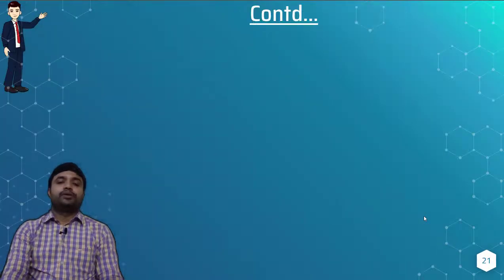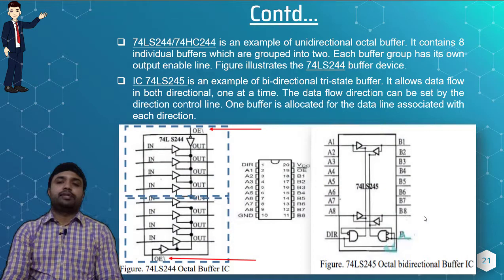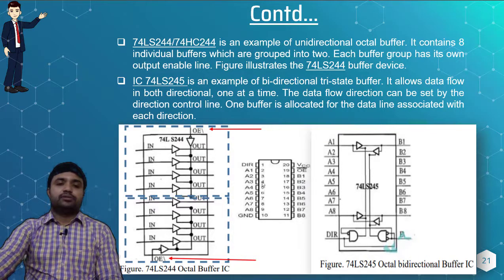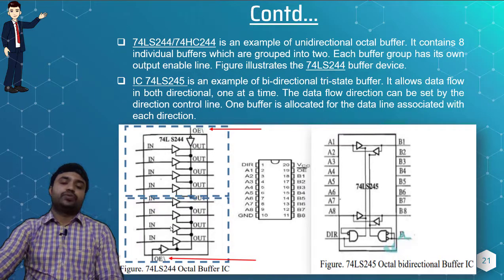Next, these are some of the models, that is the unidirectional and bidirectional buffers. The left side figure is a unidirectional octal buffer. Here we have 8 buffers, and these 8 buffers are implemented in 2 groups, that is 4 and 4.